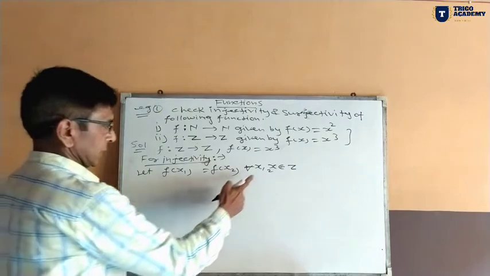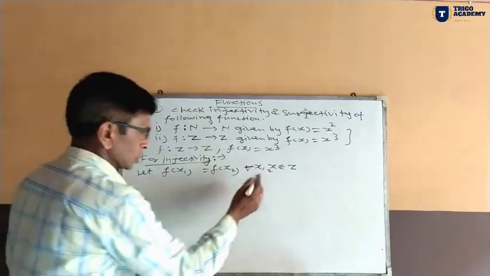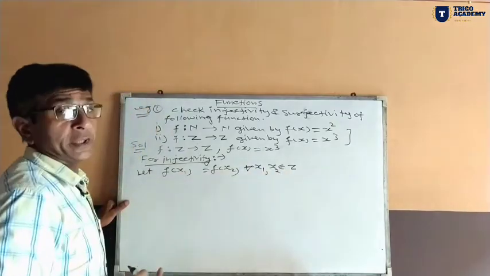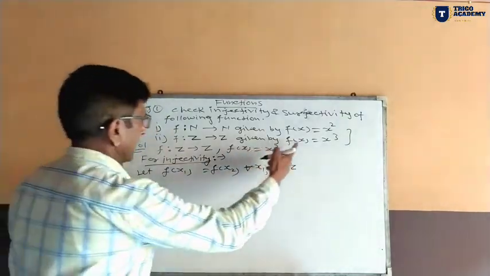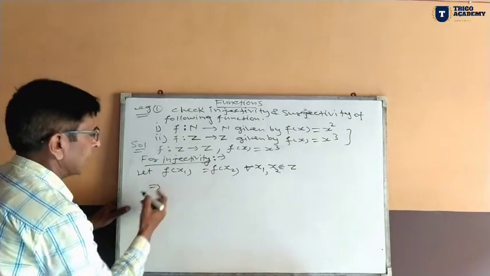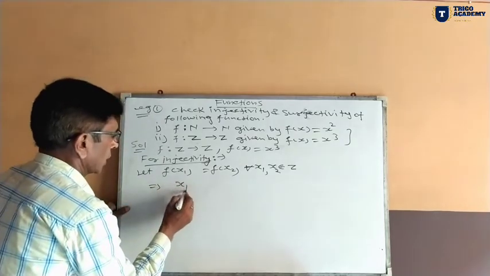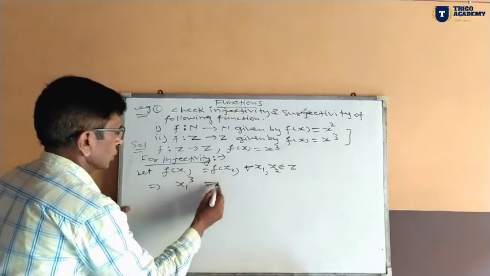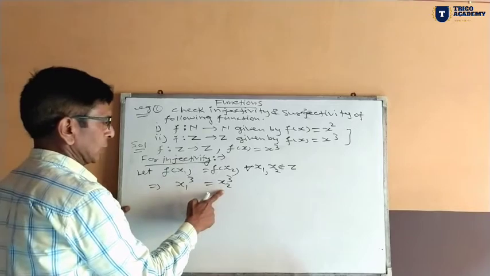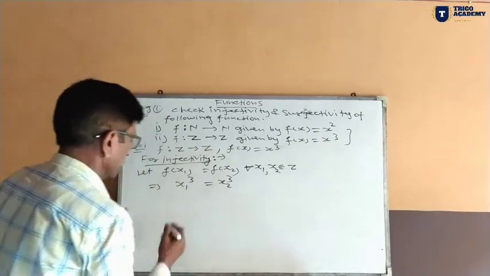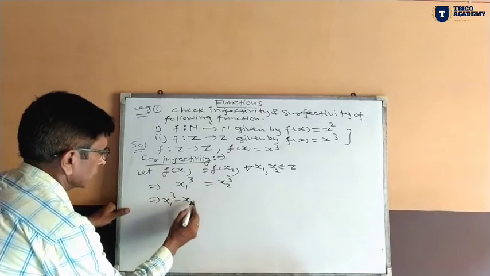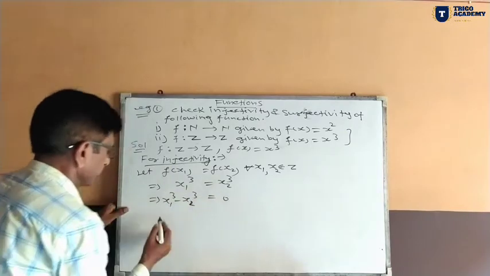In this case, these elements x1 and x2 are integers. Now by definition of function, we put the values of f(x1) and f(x2). So x1 cube equal to x2 cube. On transposition, we get this.